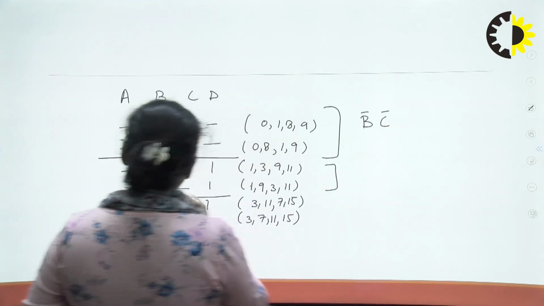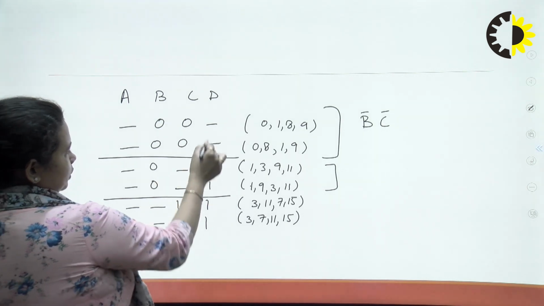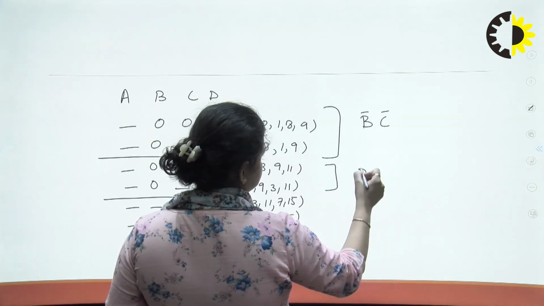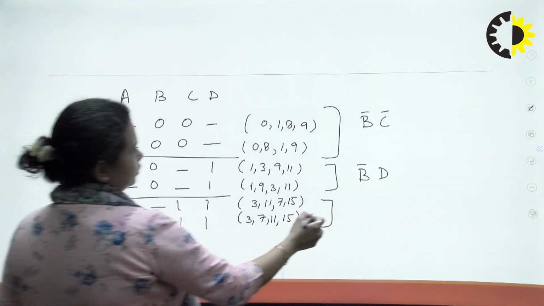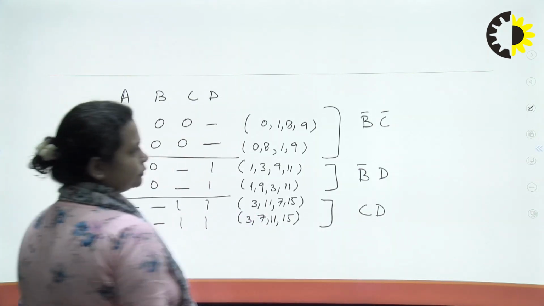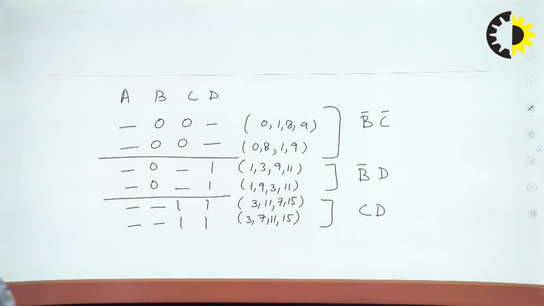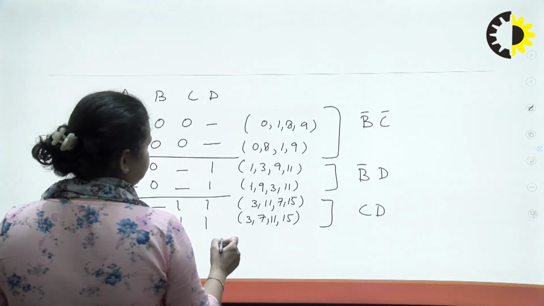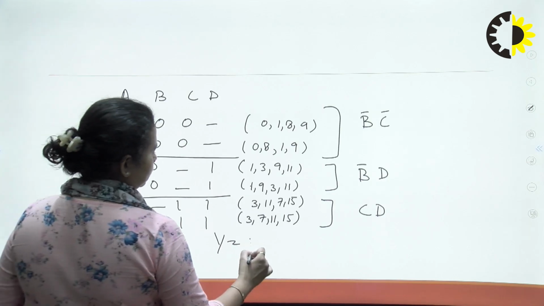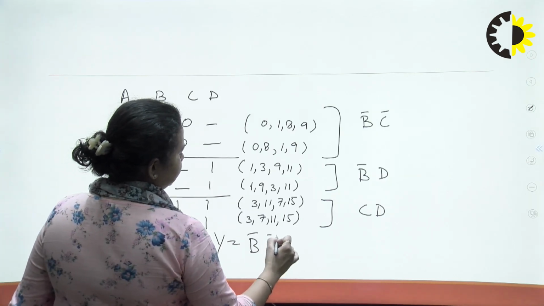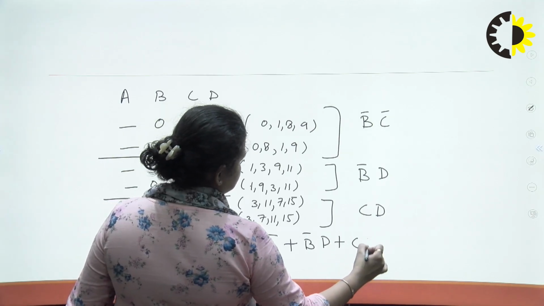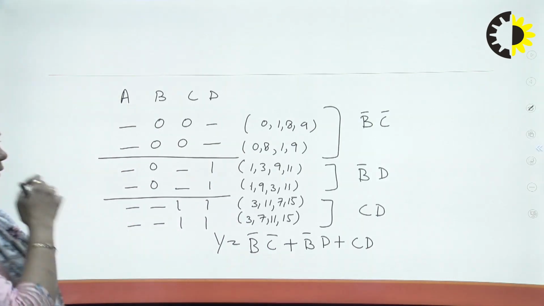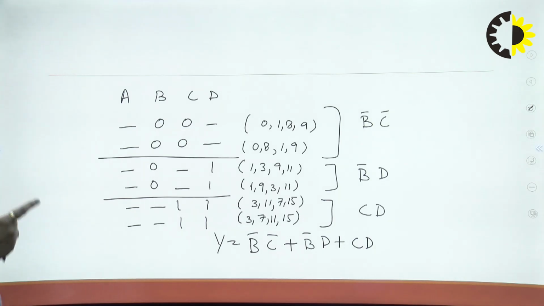For this group you will be writing B dash D, and for this group you will be writing CD, right? I think this is clear to you. So the final expression will be B dash C dash plus B dash D plus CD, right? So this is the answer. So these are the prime implicants.